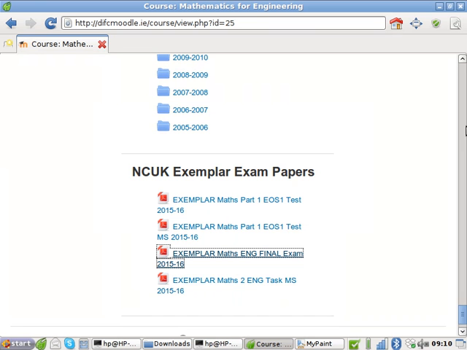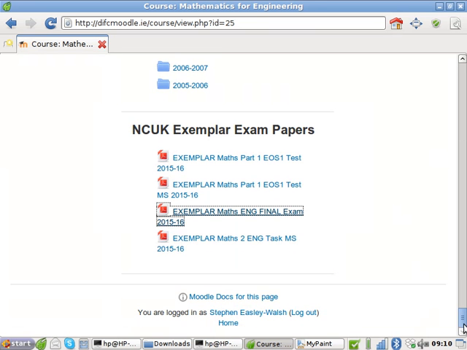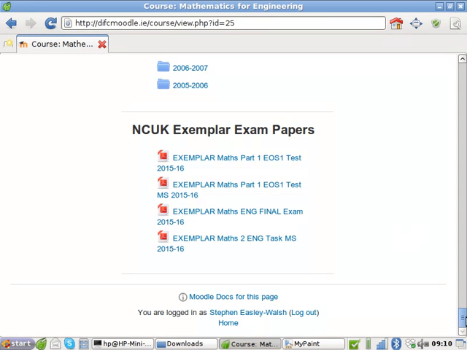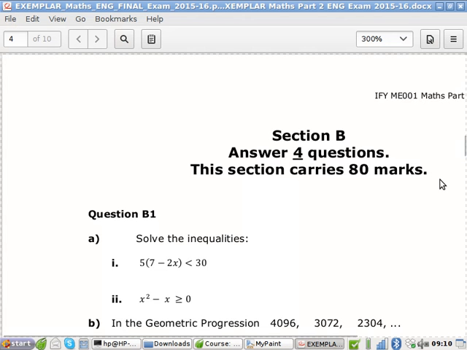Usually, but not always, algebra. Come on, open. There we go. Right.